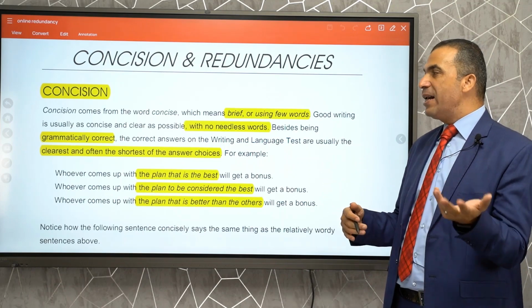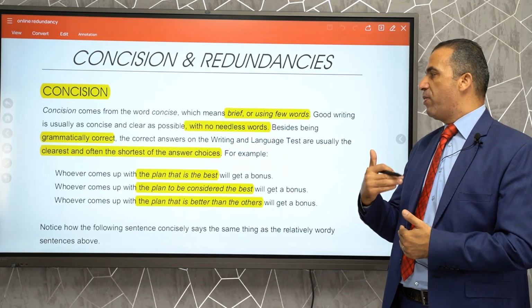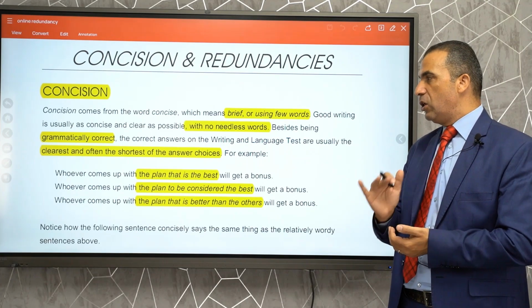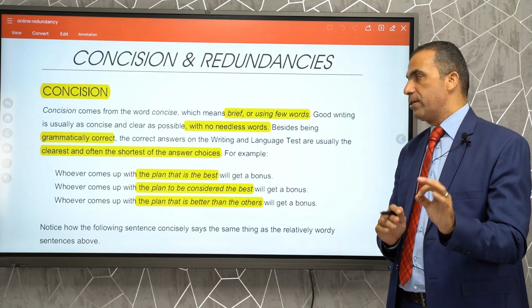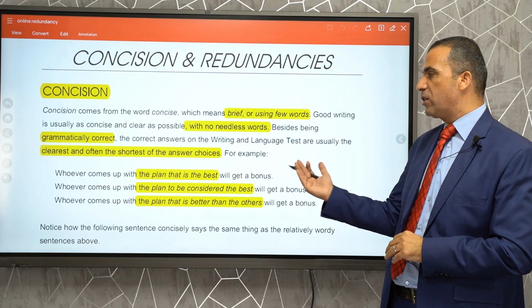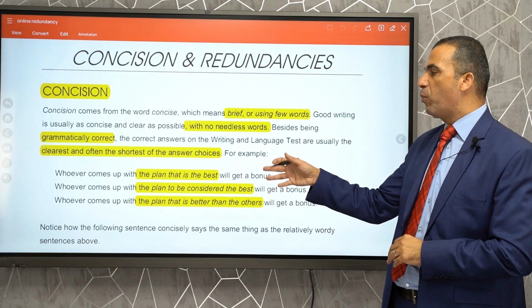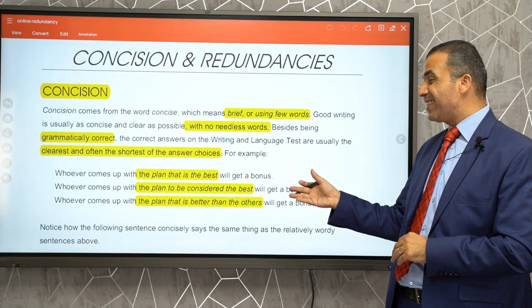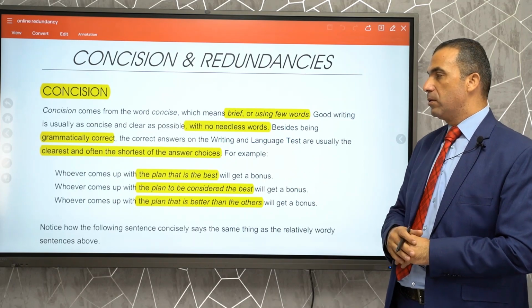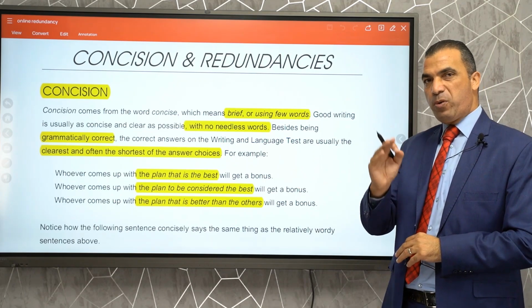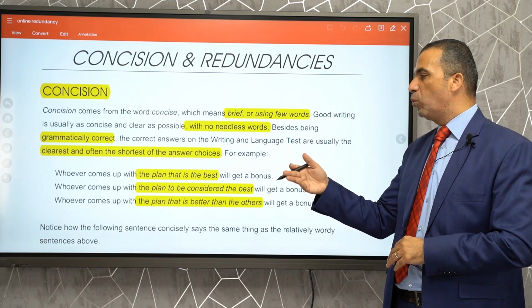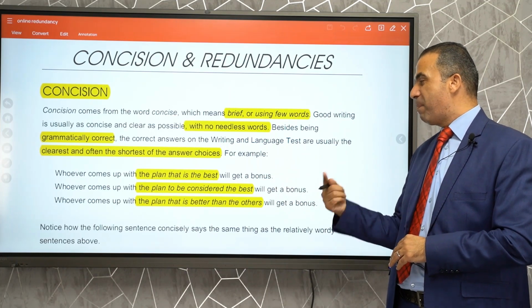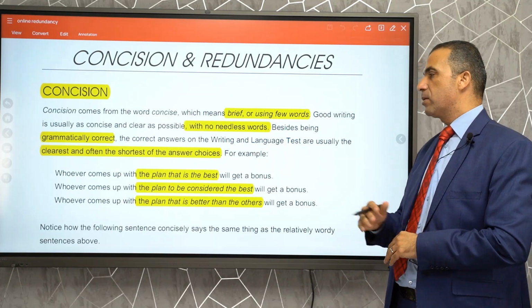Besides being grammatically correct, the correct answers on the writing and language test are usually the clearest and often the shortest of the answer choices. For example: one, whoever comes up with the plan that is the best will get a bonus. Two, whoever comes up with the plan to be considered the best will get a bonus.